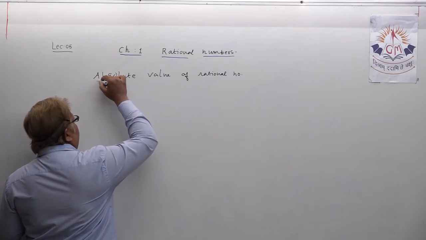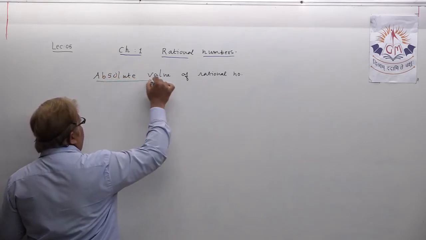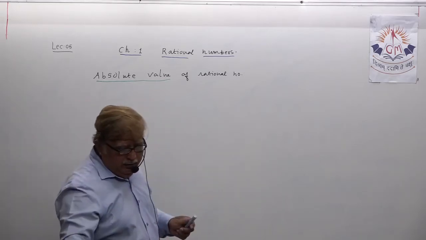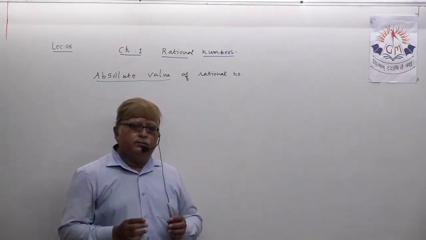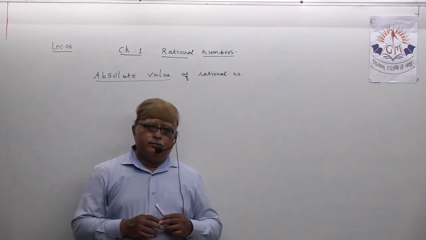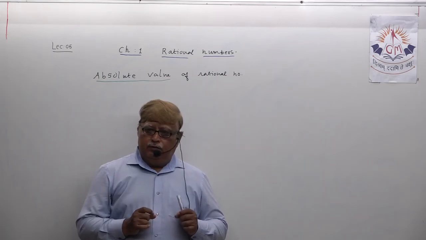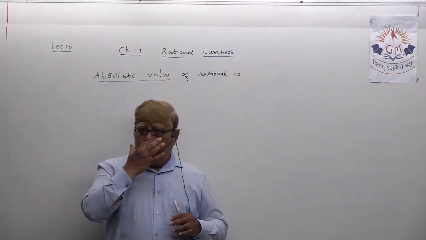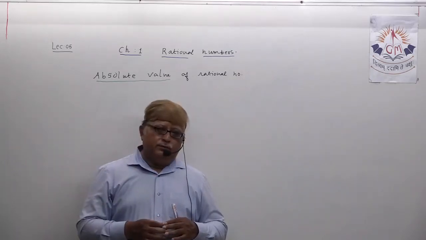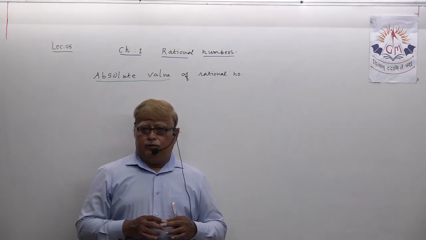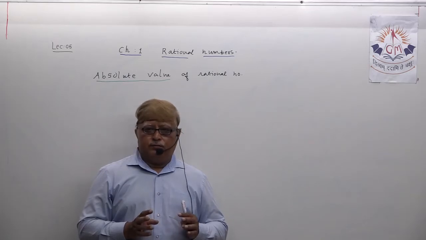This word is very important for you to understand. Absolute value of a rational number. What does it mean? Absolute value means magnitude or value of rational number irrespective of sign, whether rational number is positive or rational number is negative, doesn't matter.